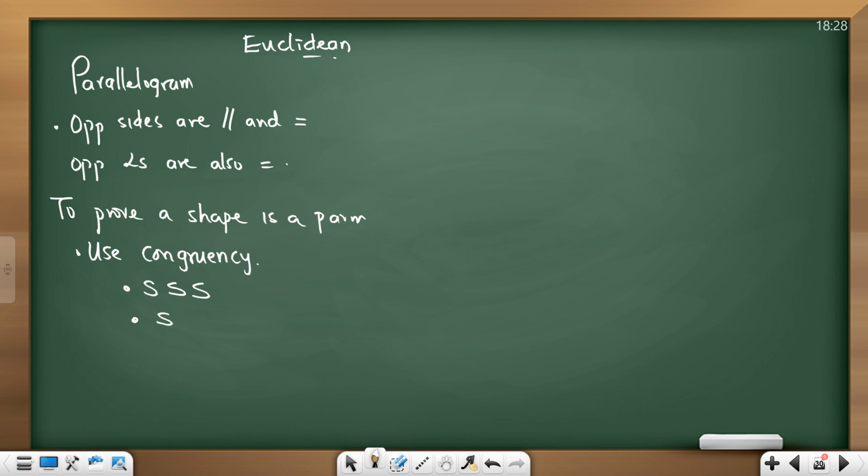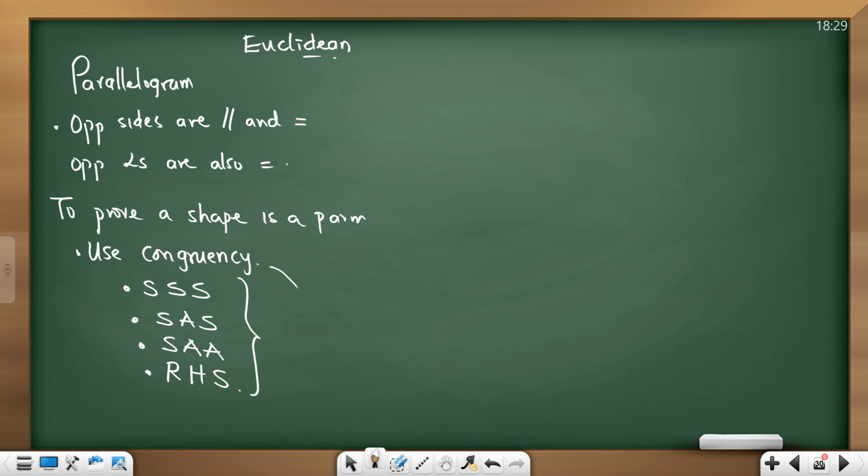Angles. So we can have side, angle, side. I've changed 1. What else? Side into an angle. What would I have? Side, angle, angle. And then the next one, right angle, hypotenuse, side.